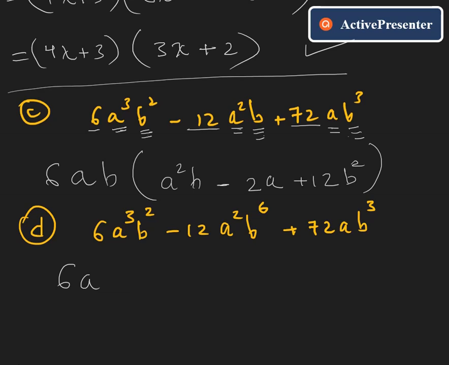However, b, the greatest that divides them all here is b squared. So we will be left with a squared minus 2ab to the power 4 plus 12. A will eliminate a, however b squared divided by b cubed, divided by b squared, is b.